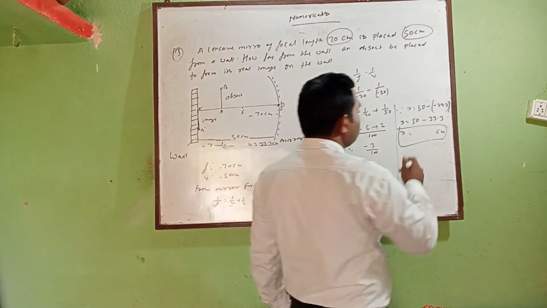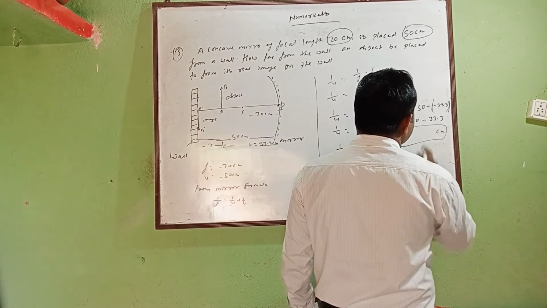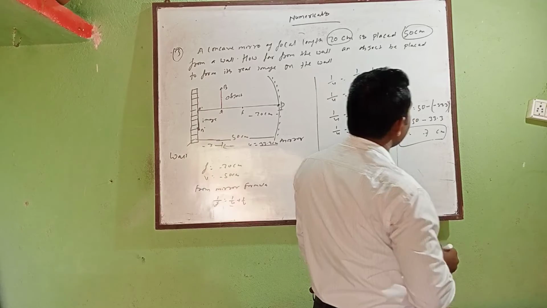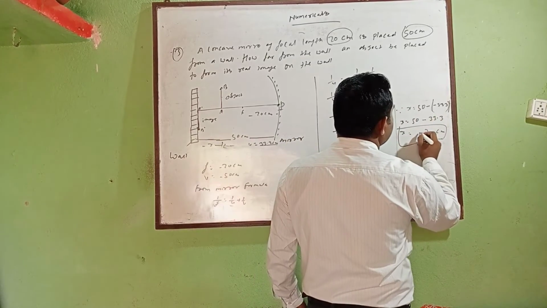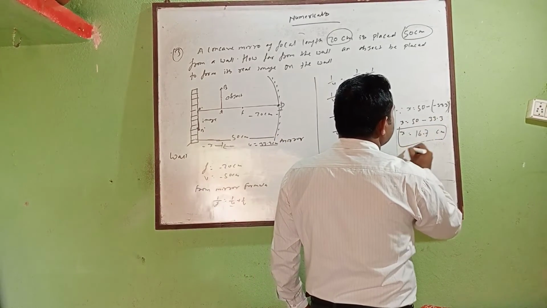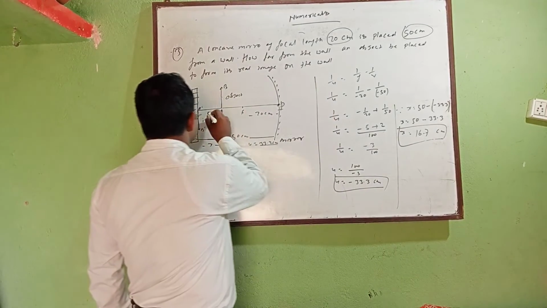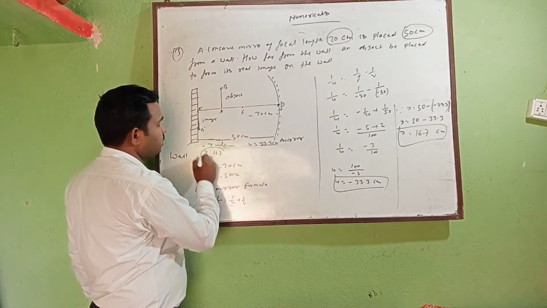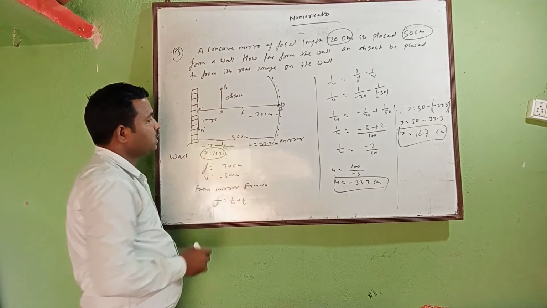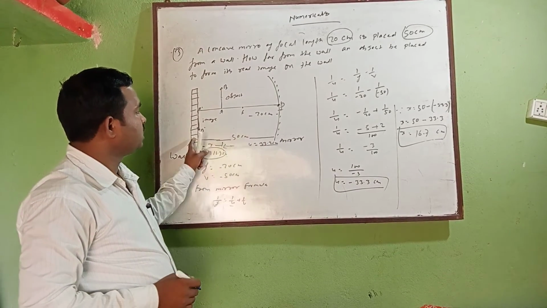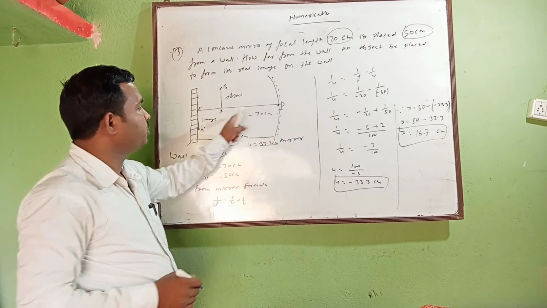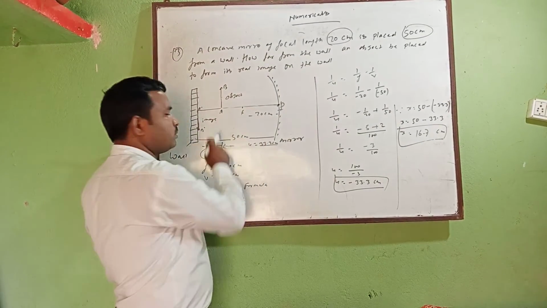So subtracting, we get x equal to 16.7 centimeter. The total will be 50. If you want to find this out, then we can subtract this one.